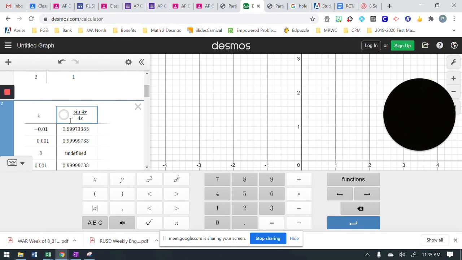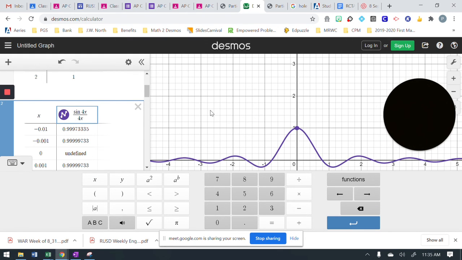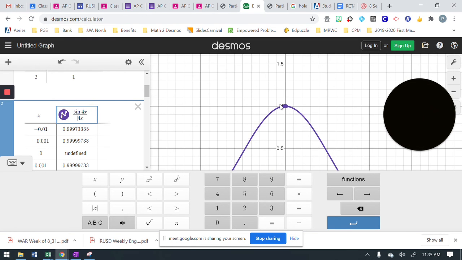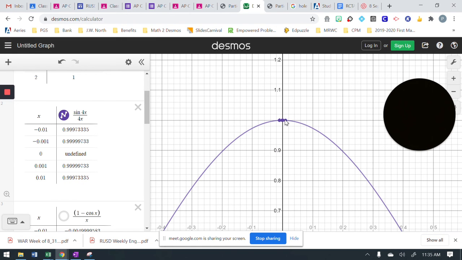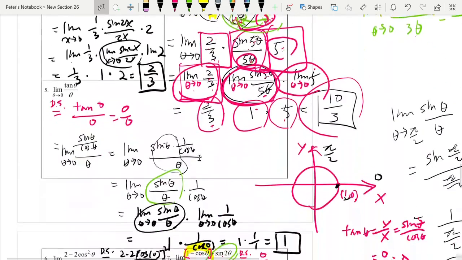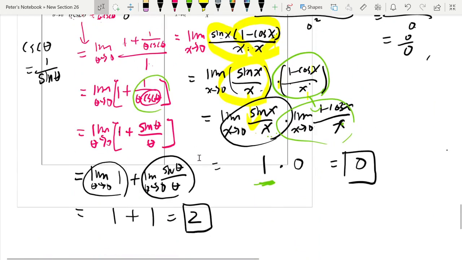Like sine 4x over 4x. As long as that is 4x and 4x, you will see that it is approaching 1, even though it's undefined at x equals 0. No problem. I think that clarified a lot of people's questions. It was a great question. I like it.